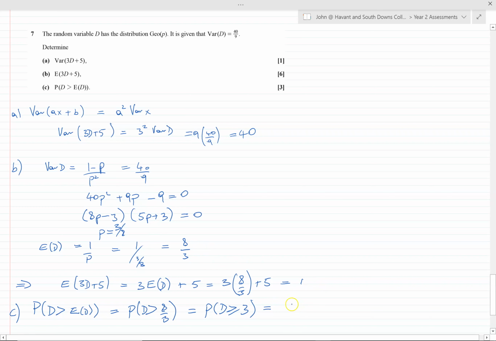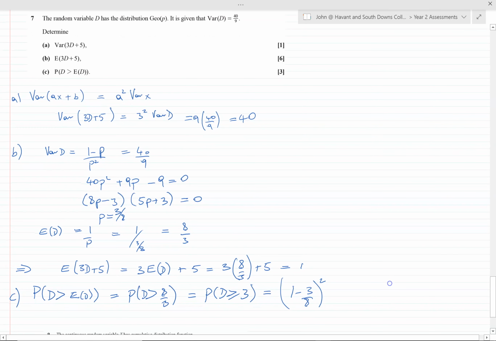Let's write it in: 1 minus 3/8, not happening, which is equal to 5/8, and that's got to happen twice. For d to be greater than or equal to 3, it's got to have not happened in the first 2 times. So that's 5/8 squared, which equals 25/64.